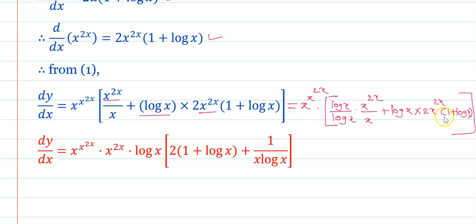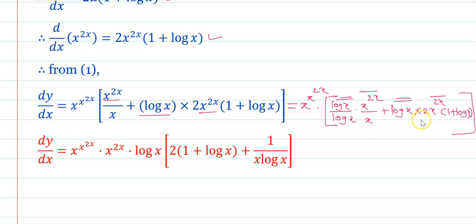Now from this bracket we'll take x raised to 2x as a common. Then this is the log of x and log of x. If we take these two terms common from here, then you will get x raised to 2x into x raised to 2x as a common. Again this log of x went out as common. Then which terms will remain here?